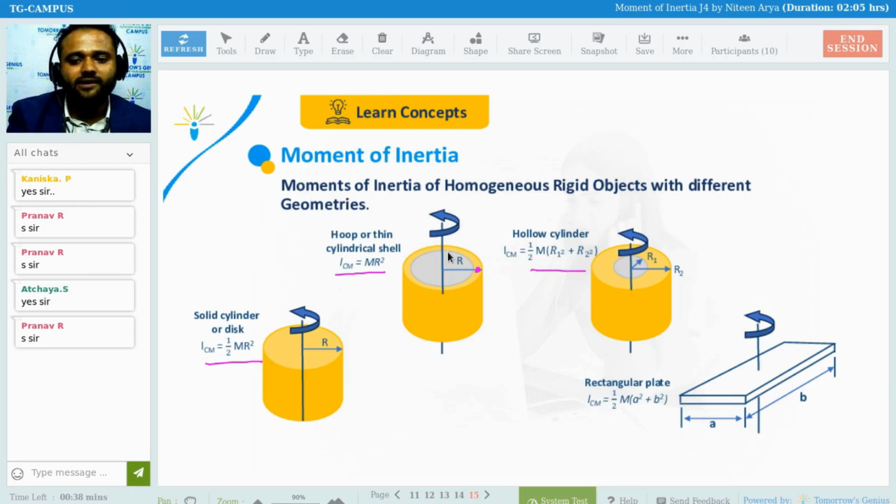For rectangular plates, if I pick this particular axis, this again becomes like a hollow cylinder of radius a, and this is my radius b. So again, I center of mass for a rectangular plate is also 1 by 2 m (a square plus b square). Okay, just a minute.